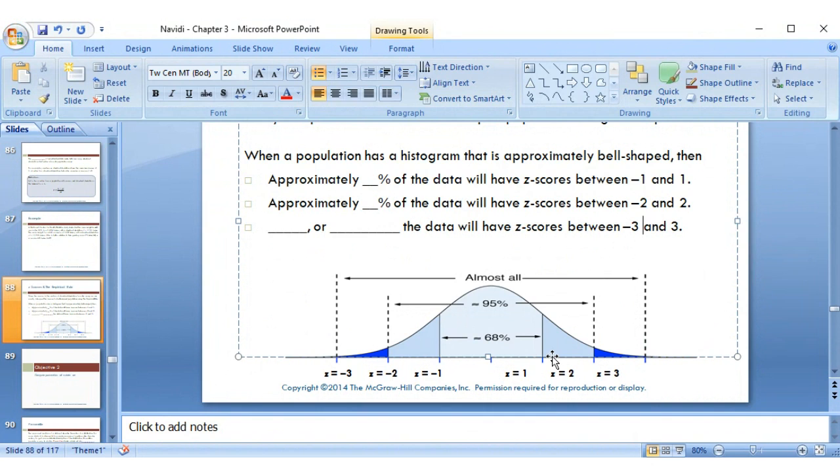They allow us to tell how many standard deviations a particular value is away from the mean. If it's positive, it's on the right side, meaning that it's greater, a larger piece of data than the mean. And on the downside, it's less than the mean.